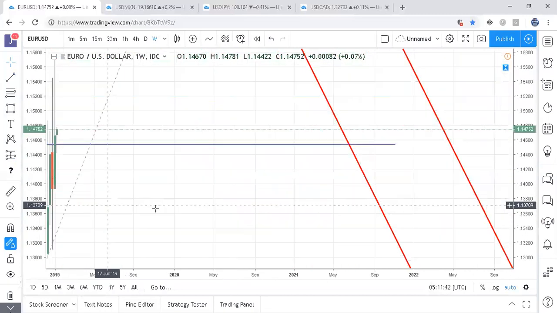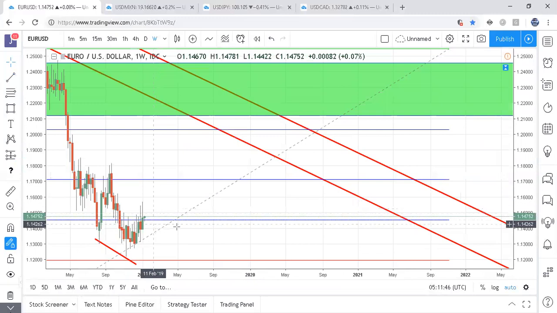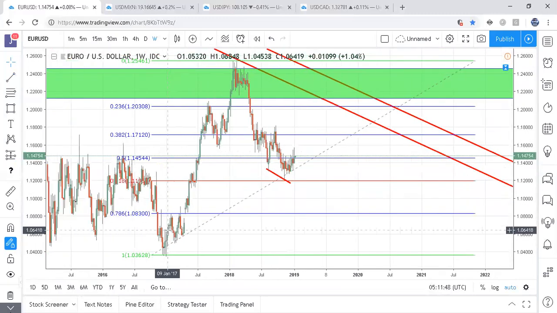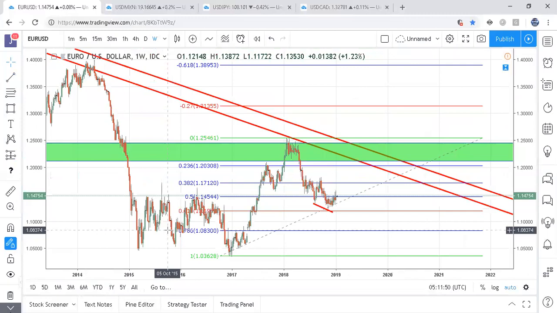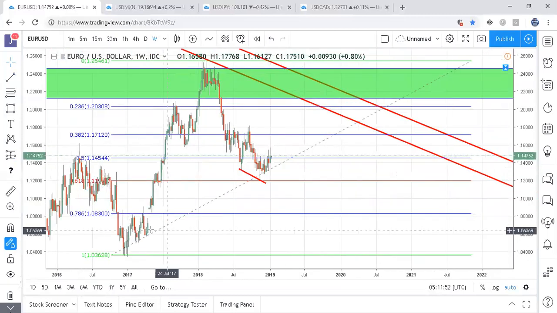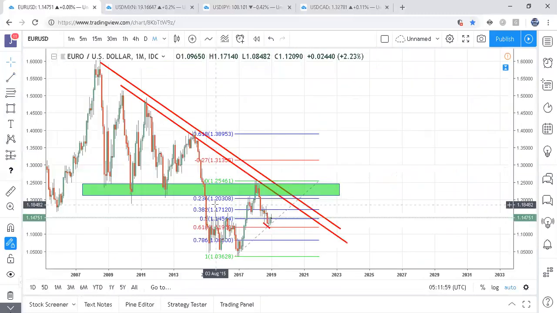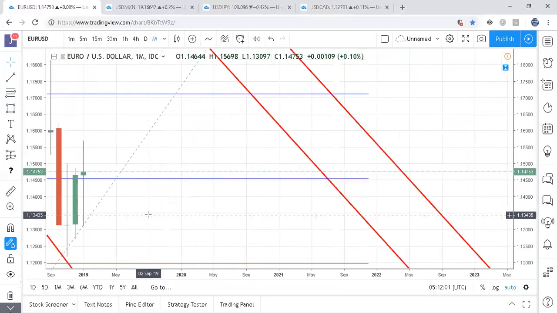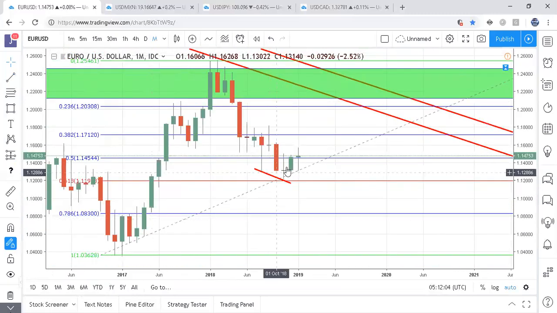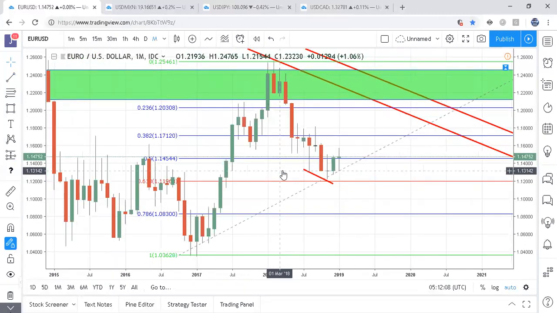And okay, so let me see. I'm gonna go to the monthly, and okay, this is another thing I wanted to show you guys. Look at that beautiful wick right there. I know a lot of people say that doesn't mean much, but wicks are important.